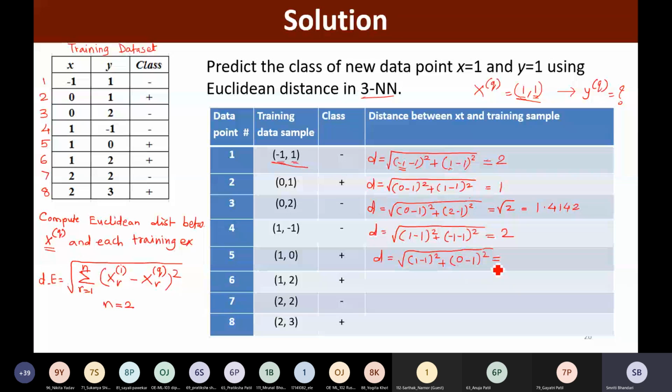So this is 0 and this is 1 square, so it would be 1. Okay. Now for this, D equal to square root of 1 minus 1 square plus 2 minus 1 square. So 0, 2 minus 1 is 1. So 1.